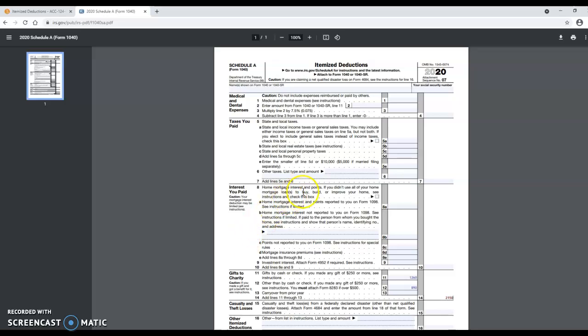So any mortgage loan that you are paying interest on for either one of those two types of homes would be included in here. If you have a house that you rent out to somebody else, that does not go here. You would still be able to use that mortgage interest, but that will go on Schedule E with your rental income and other rental expenses. Okay, so this is for the house that you live in, your personal house or houses.